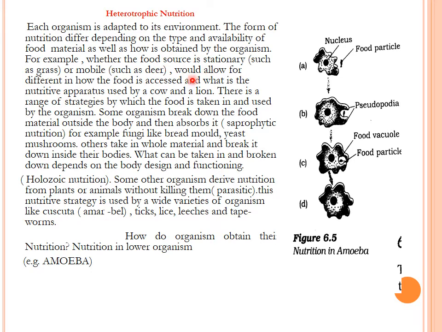So this allows for differences in how the food is accessed and what nutritive apparatus is used, for example a cow and a lion. For obtaining such nutrition, different organisms have a range of strategies by which food is taken in and used. So here we are discussing in detail the heterotrophic mode of nutrition.